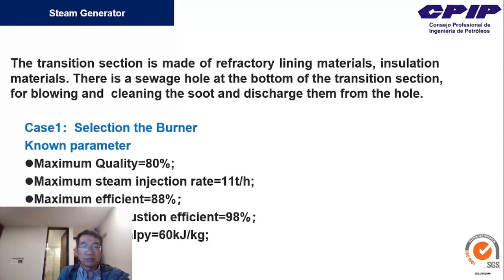The known parameters are: maximum steam quality is 80%, the maximum steam injection rate is 11, the maximum efficiency is 88%, the maximum combustion efficiency is 98%, and the raw water SV is 60. I will give you some minutes to calculate this question.